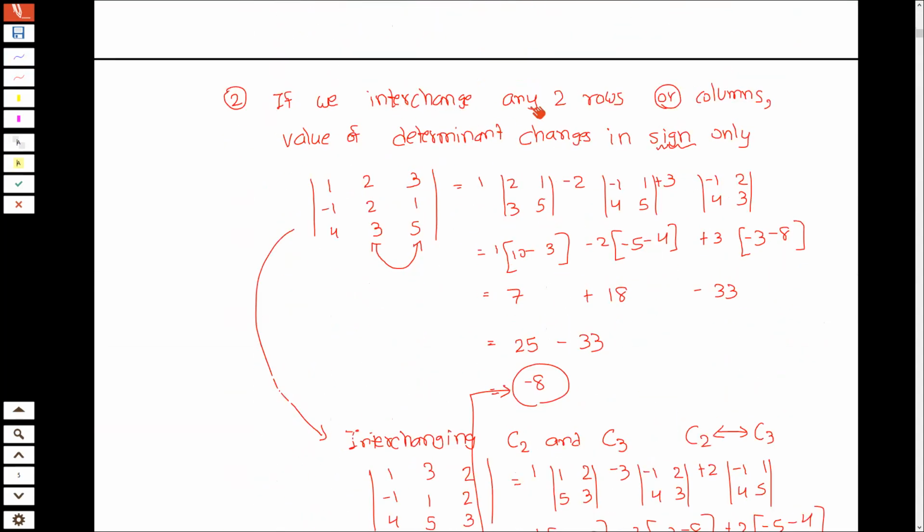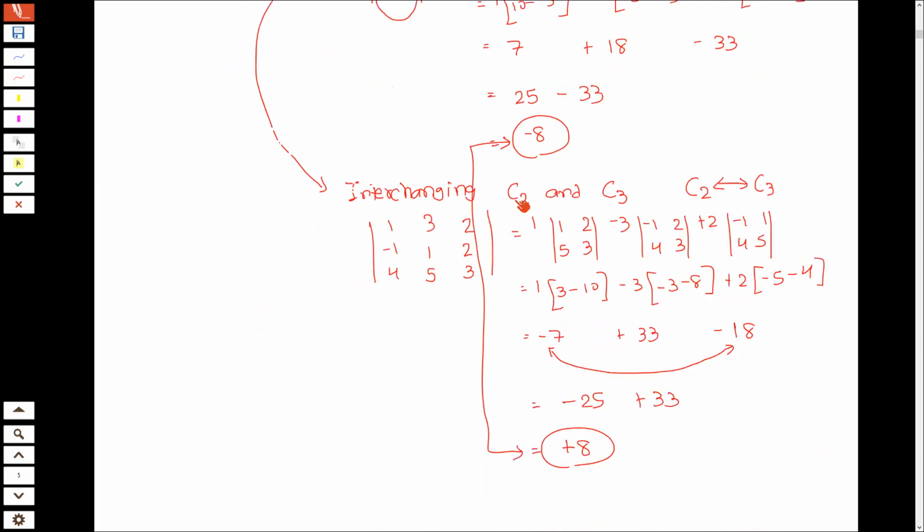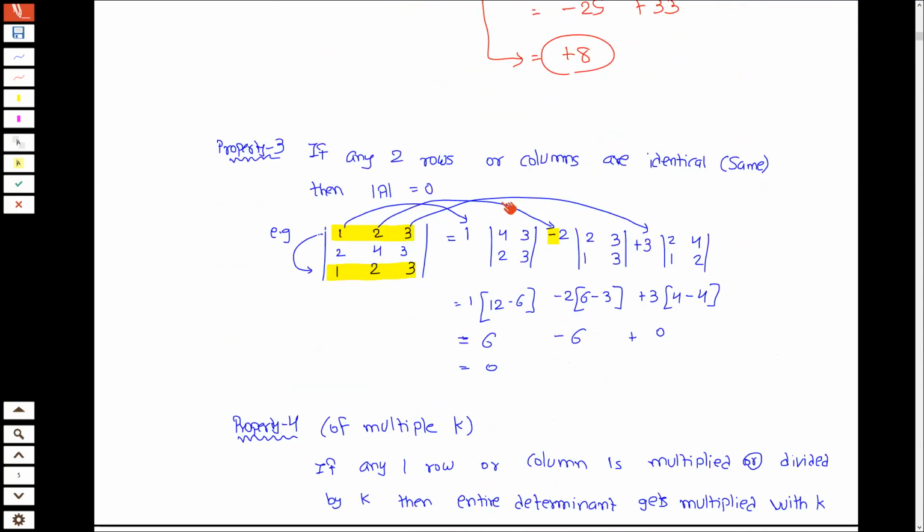Second, if we interchange any two rows or any two columns, then the value of the determinant will change only in sign. It means the value will remain the same, but plus becomes minus, minus becomes plus. This property is also very logical.